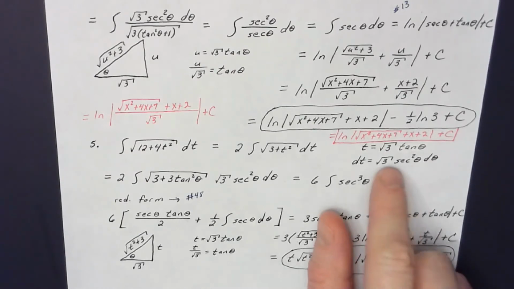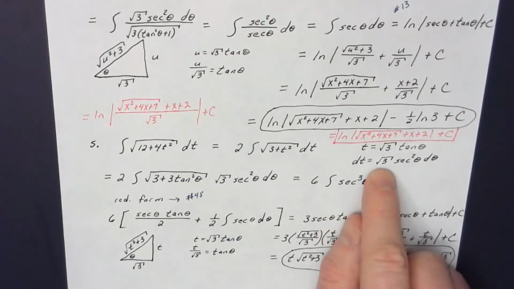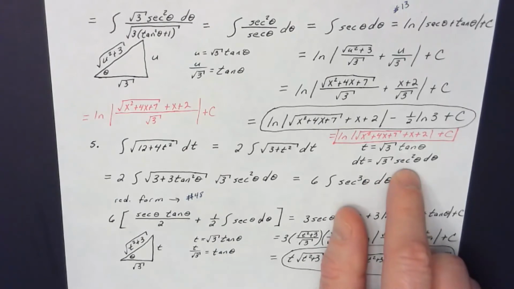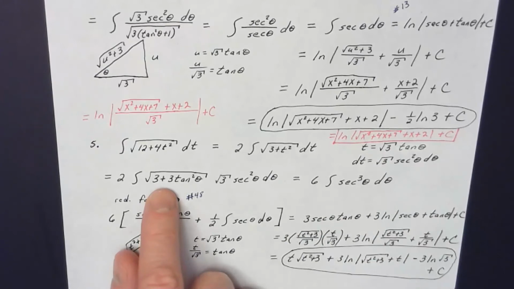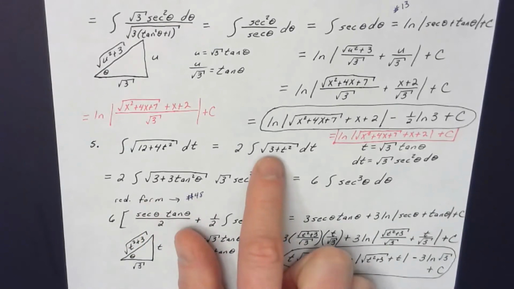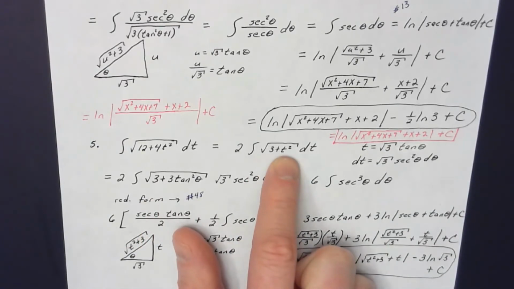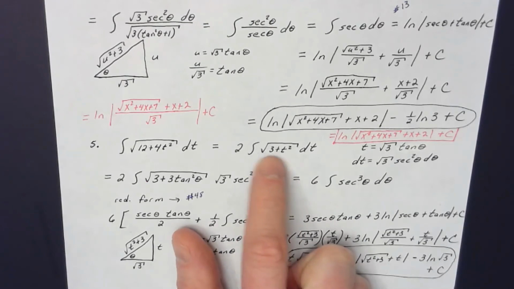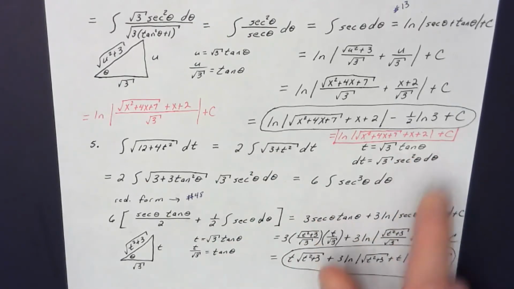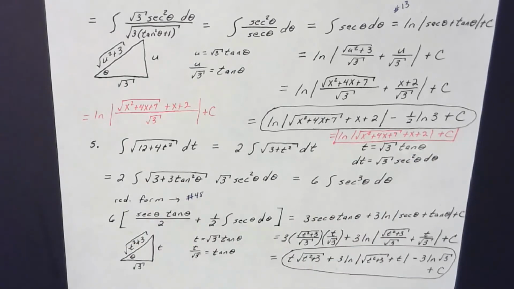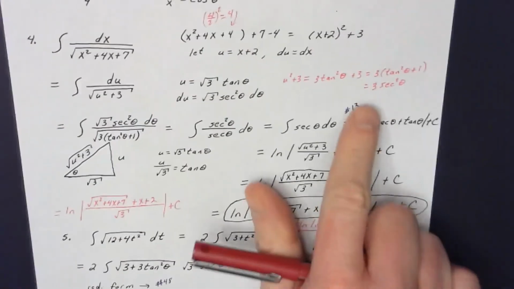Now I can say, well, yet again also, dt is going to be the square root of 3 secant squared theta d theta. I go down into my problem. This square root of 3 plus t squared is going to be 3 plus 3 secant squared theta, and then I can say it simplifies just like my last one did.